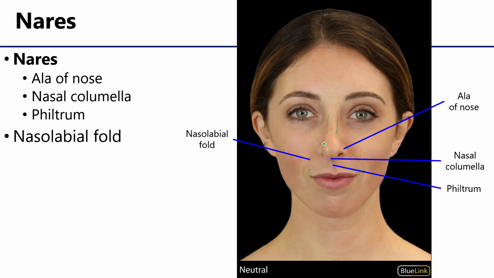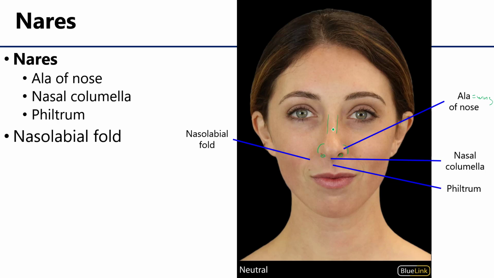And flanking the nostrils, we have what are known as the ala. Ala means wing. So the ala of the nose are the wings of the nose. And so that's skin and a little bit of cartilage that is supporting the patency of the nares.